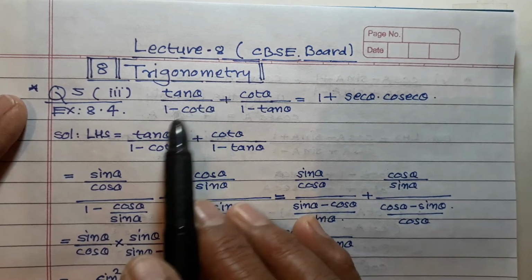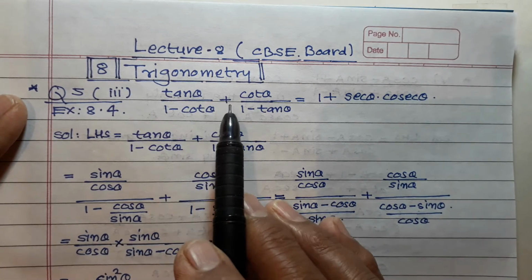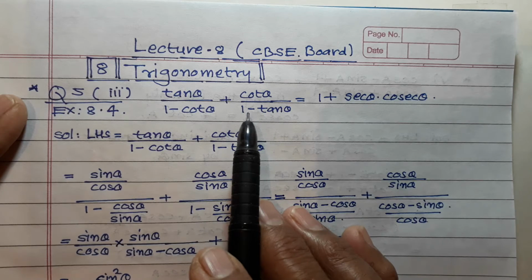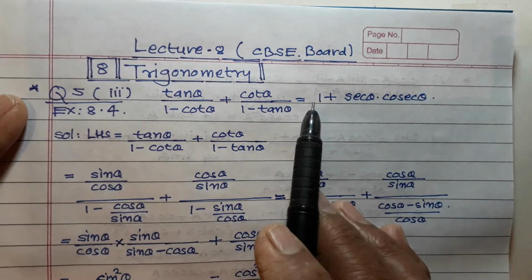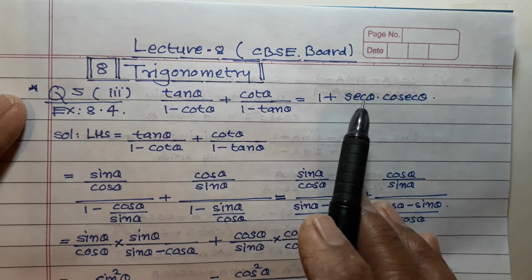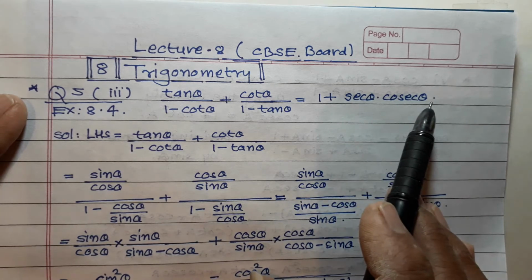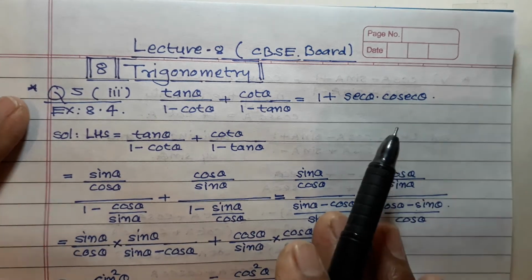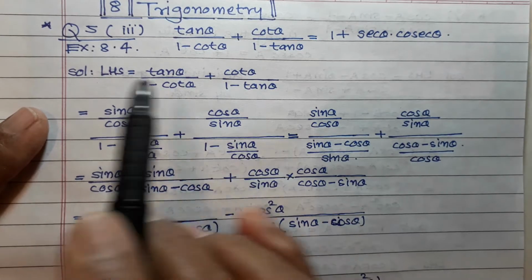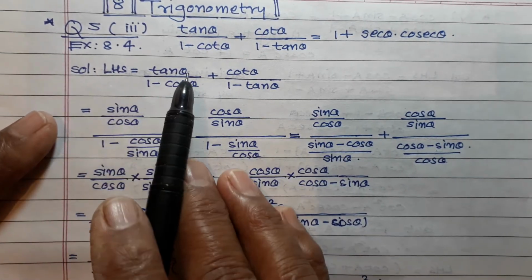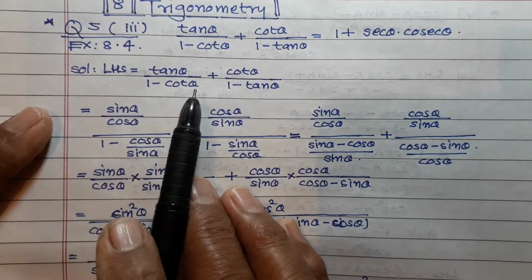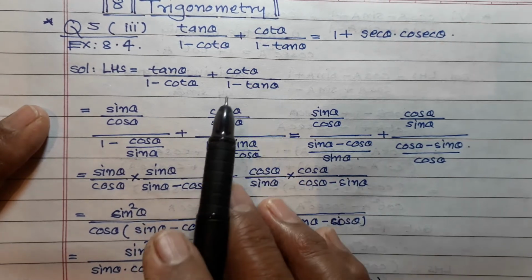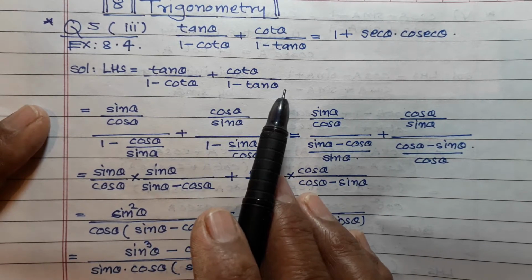Tan theta upon 1 plus cot theta upon 1 minus tan theta is equal to 1 plus sec theta into cosec theta. Solution. Left hand side is equal to tan theta upon 1 plus cot theta upon 1 minus tan theta.